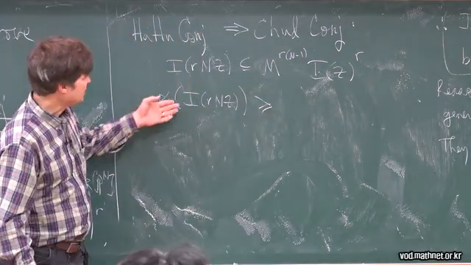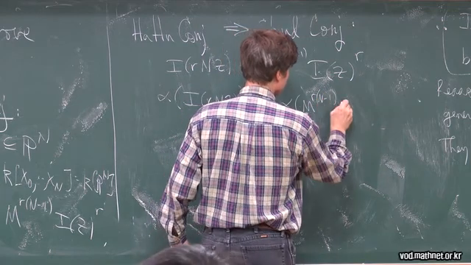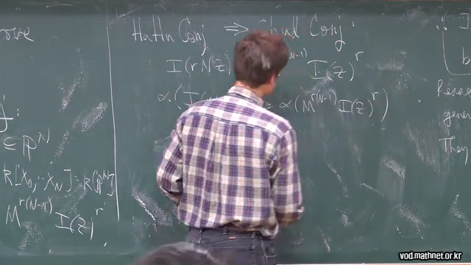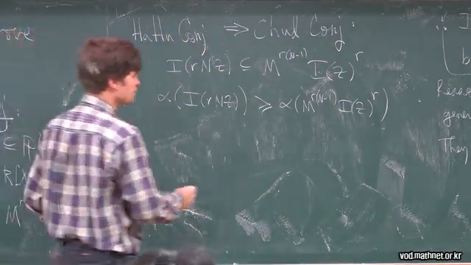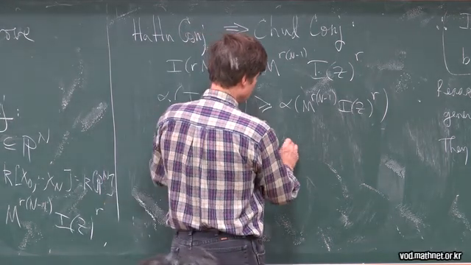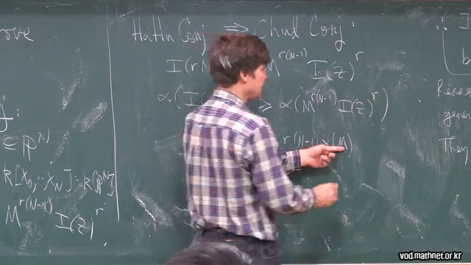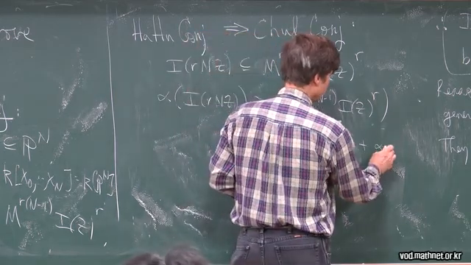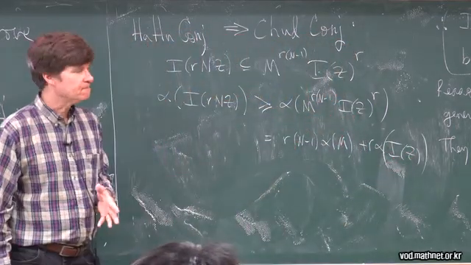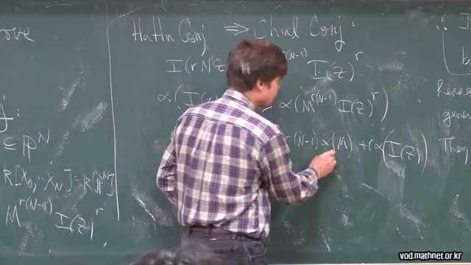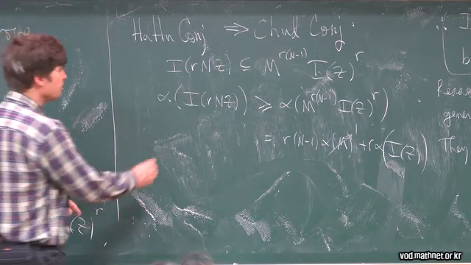The smaller ideal has the bigger alpha. But alpha is linear in ideal multiplication. And so this is equal to r times (n minus 1) times alpha of the irrelevant ideal, plus r times alpha of the ideal of Z. And the irrelevant ideal has elements of degree 1. So now you divide by r times n.